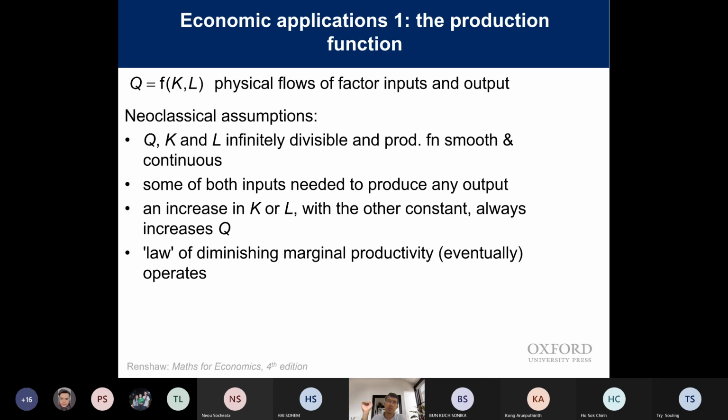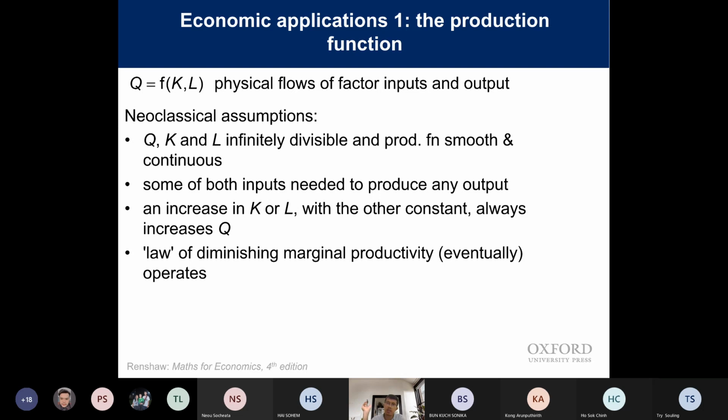First, we may apply the function with two variables in economics as the production function. So what is a production function? Let's imagine we are working in a factory to observe the production of certain goods.